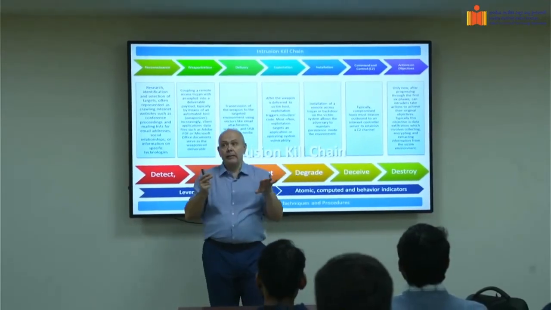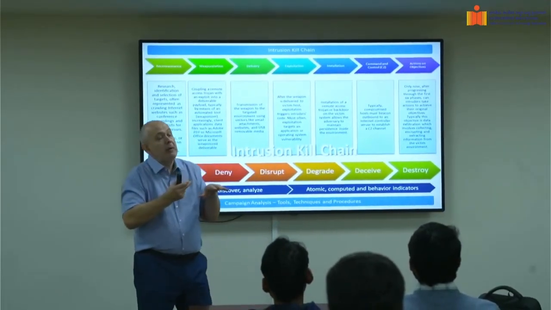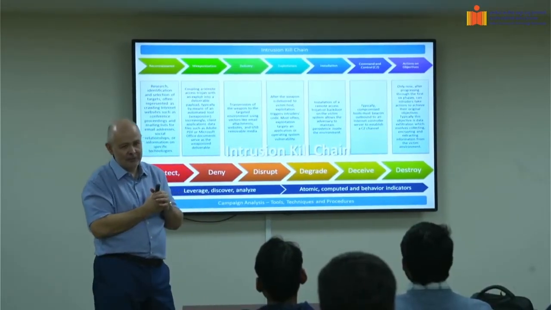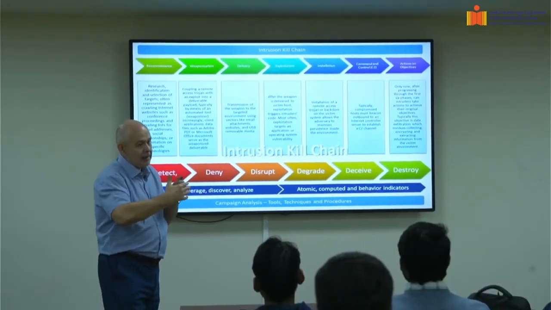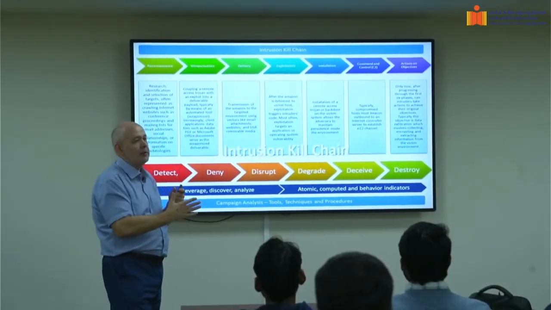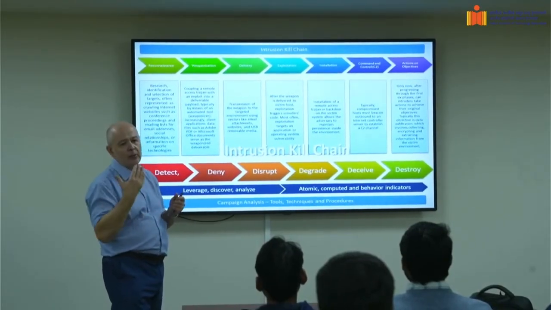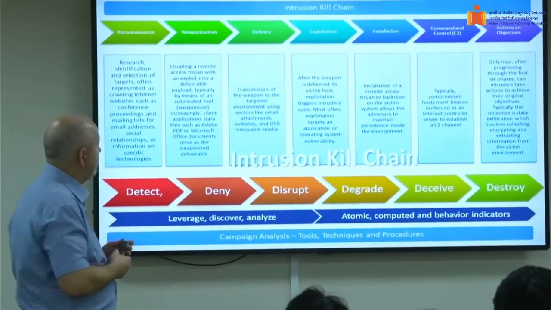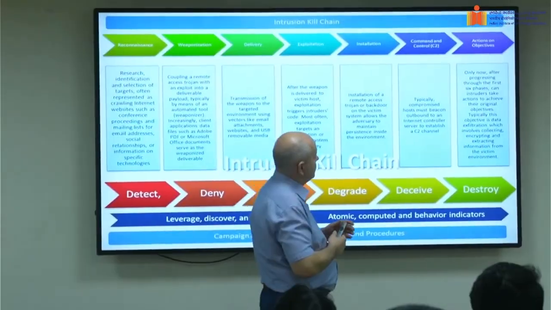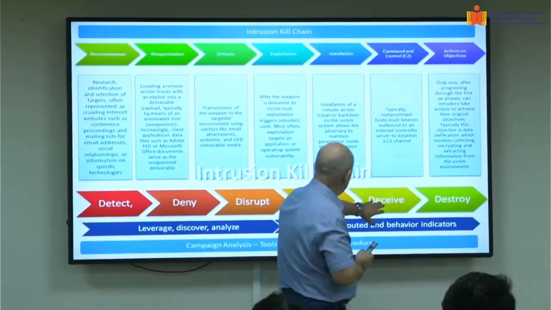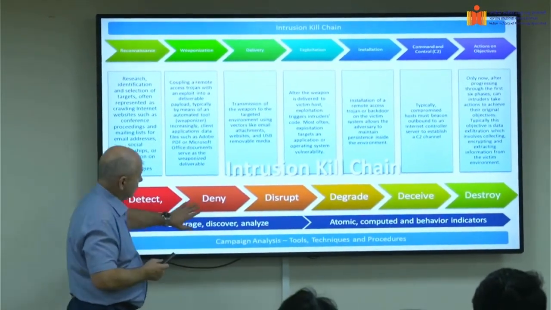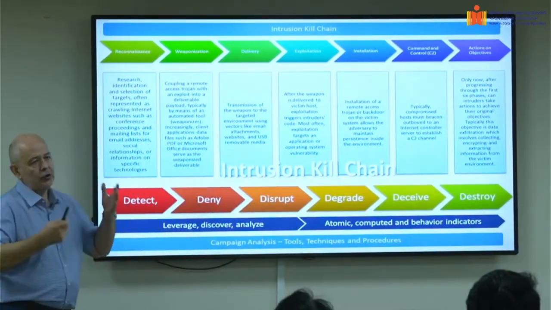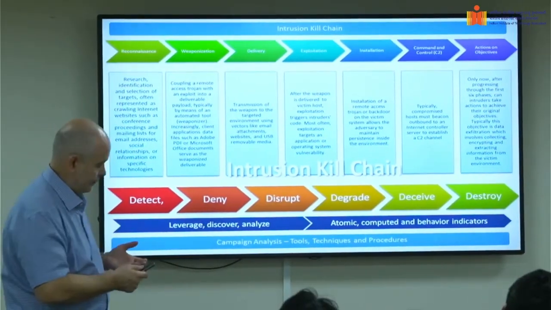For us, the security people, if it is very slow, we could allow the malefactor to continue, to understand what he is doing. He does it step by step, but we monitor him and stop him at some place to have evidence of his actions for forensic analysis and further investigation. So you see this loop: detect, deny, disrupt, degrade, deceive, destroy. These are the usual actions against the malefactor.